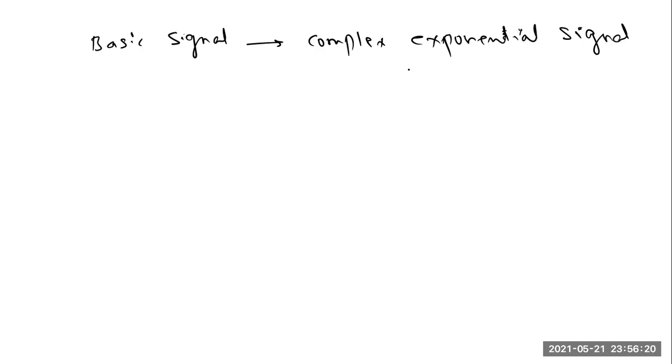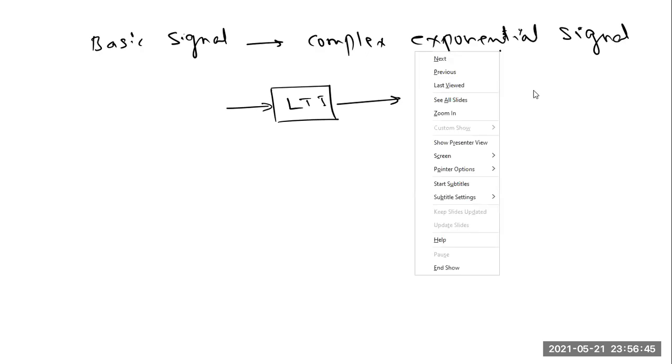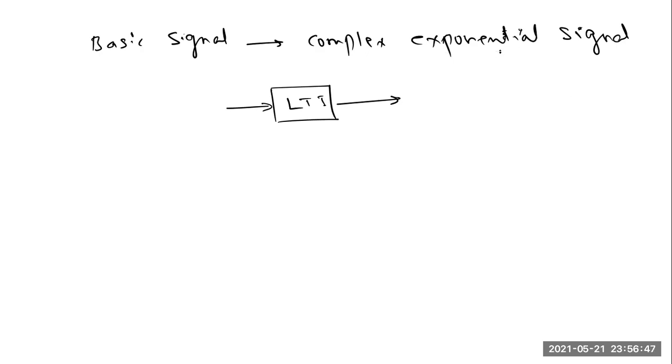So let's find out why this complex exponential signal is a very useful basic signal from the LTI system point of view. So let's consider that there is an LTI system. Generally, complex exponential signals, we will consider both continuous time and discrete time complex exponential signal.